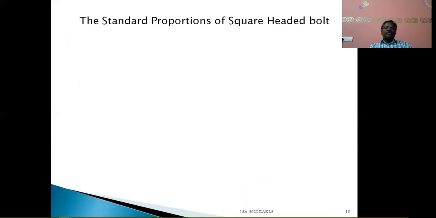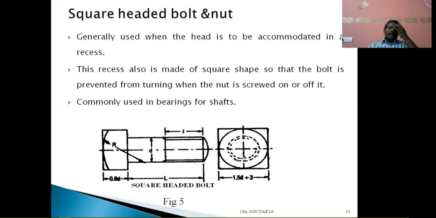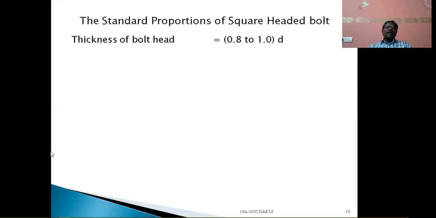So what are the proportions? As we have seen some of the proportions previously, from flat to flat is 1.5D plus 3, and the height of the head is equal to 0.8D. Whatever the length of the bolt is, we should have this. The thickness of the bolt head is equal to 0.8D to 1.0D.